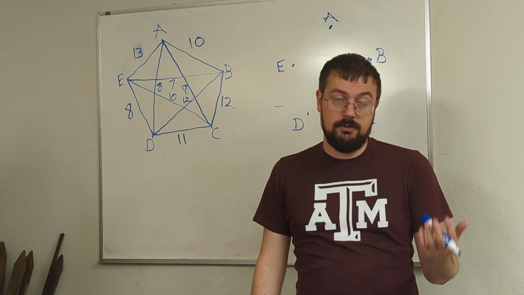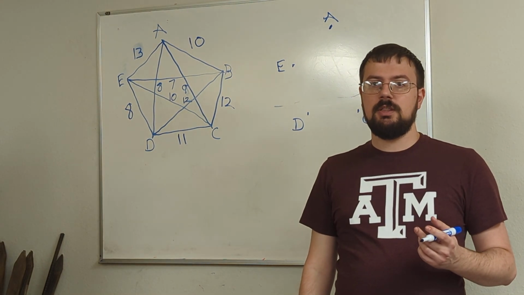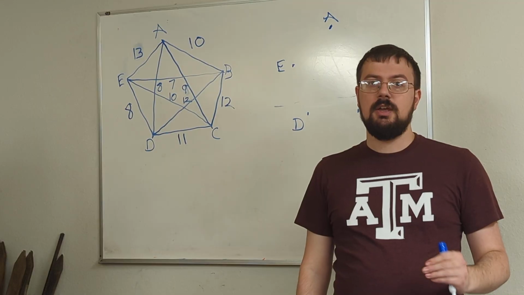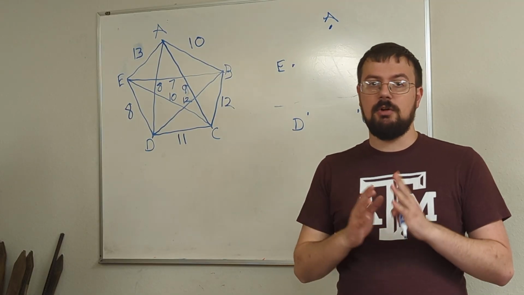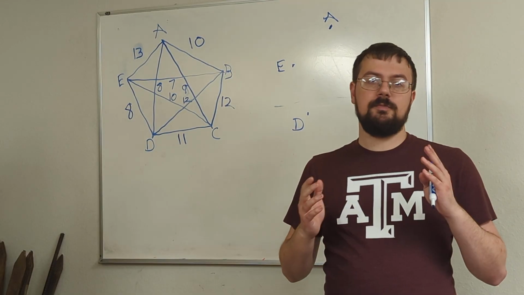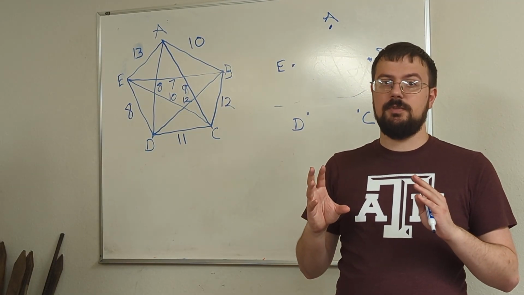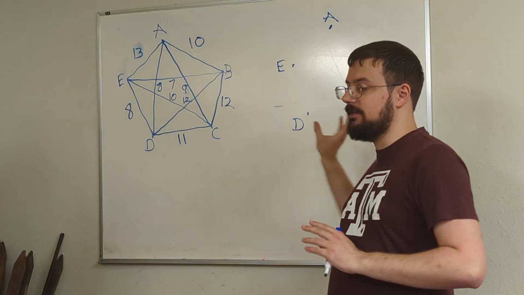Now, there's a couple of things we want to avoid when we're doing this. We want to avoid picking edges that result in a third edge going to one vertex, and we want to avoid edges that result in a partial circuit, meaning a circuit that does not include all of the vertices in the graph.